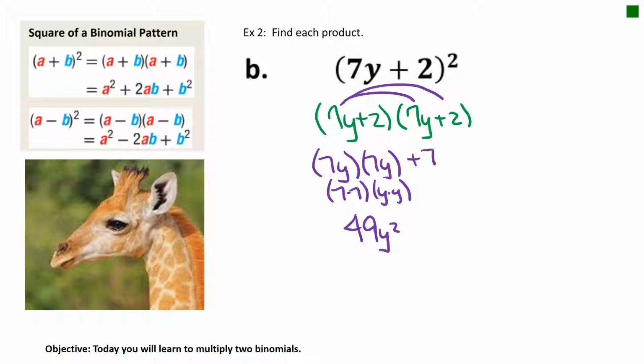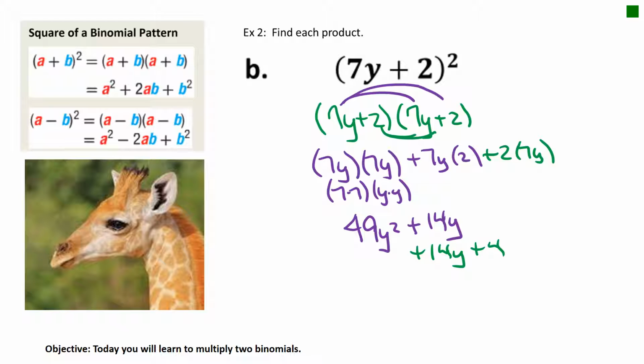Then you've got a positive 7y times 2. So that's positive 14y. You've got a 2 times 7y. So that's another positive 14y. Remember, put the coefficient first. And then you've got 2 times 2, which is 4. So your final answer is 49y squared plus 28y plus 4.